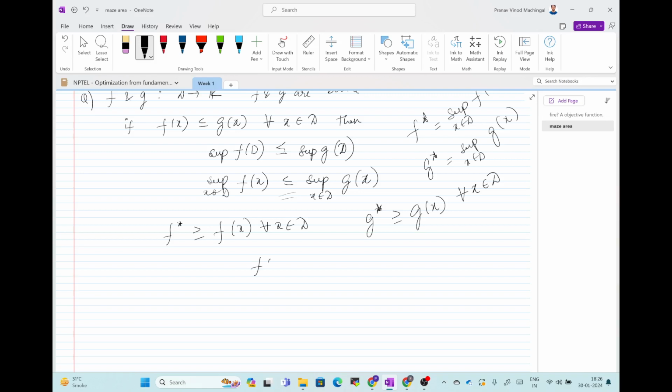You can say f of x is less than or equal to g of x is less than or equal to g star, right? Yeah, that's right. Then how do you get f star here?